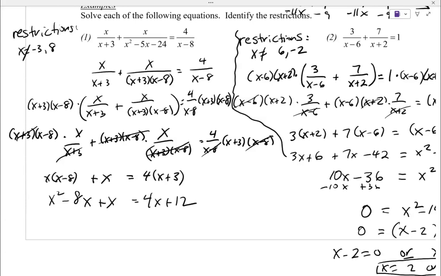What's next? Yeah, I'm going to bring it all to one side, right? So we'll want to subtract the 4x over and subtract the 12 over. What do you get after you do that? So you've got x squared. How many x's do you have?